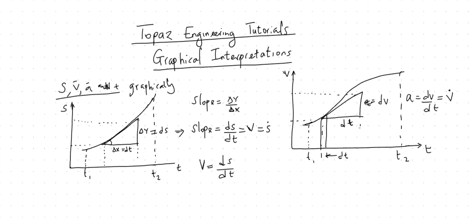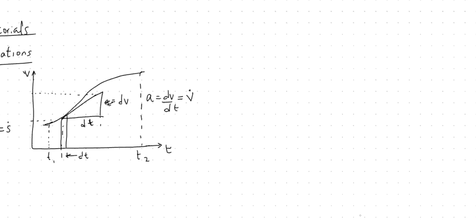So let me take my board to the other side. If I get my acceleration-time curve, I have acceleration here and time here, and my curve goes this way, and I take an elemental stripe down here.